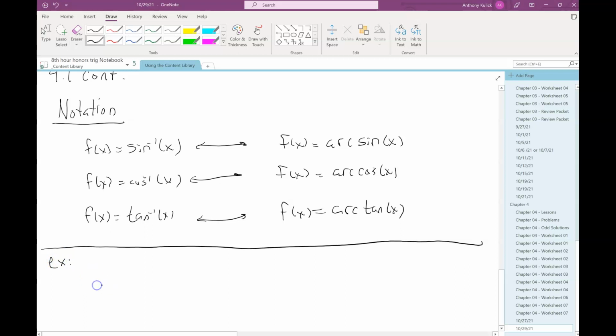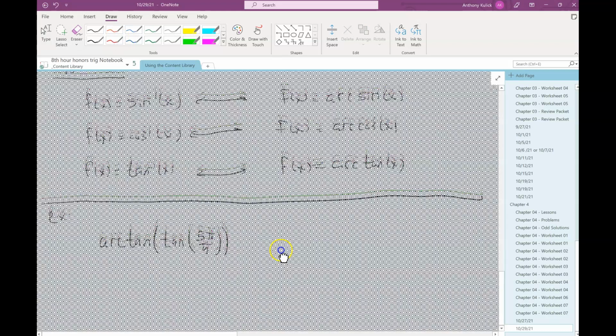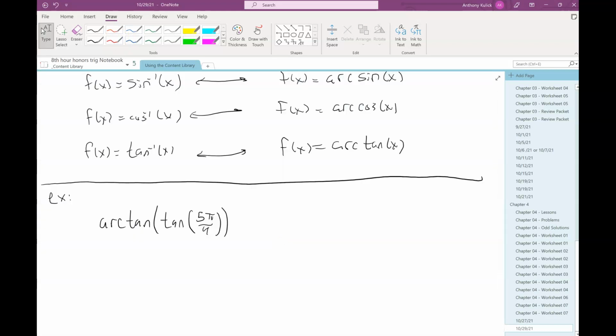Let's say that we have arctan of tangent of 5 pi over 4, and we just want to evaluate this. What is this going to equal? I think it's just 5 pi over 4. What do you guys think?